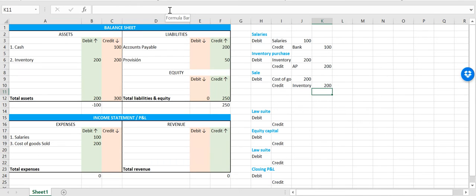And now we would collect the cash, or we have an accounts receivable. We collect in cash. Okay, so cash goes up. We sold it for 300, so debit 300.